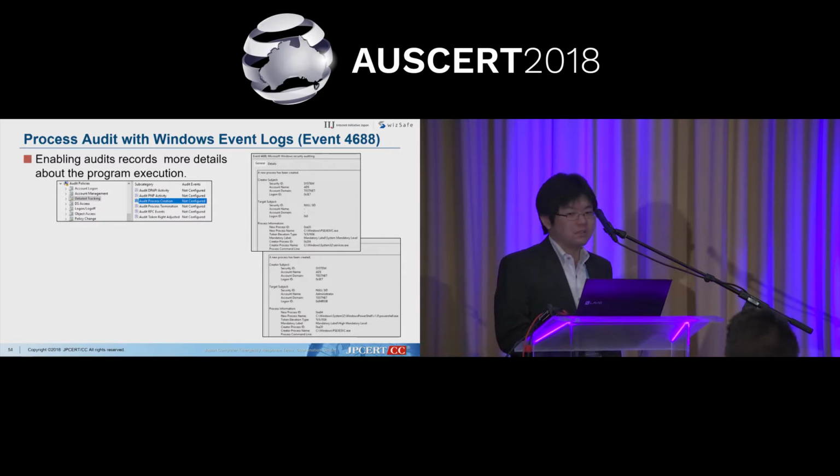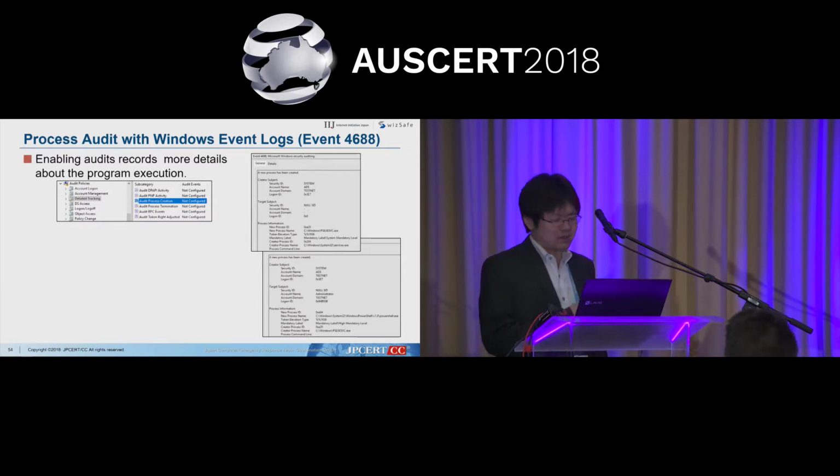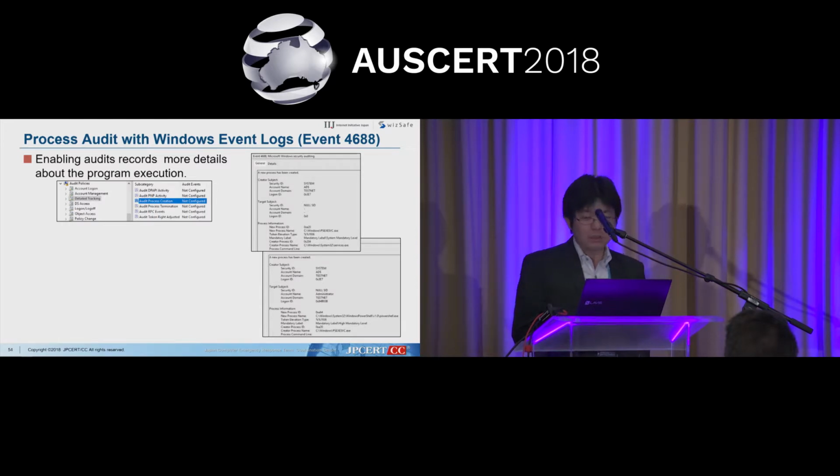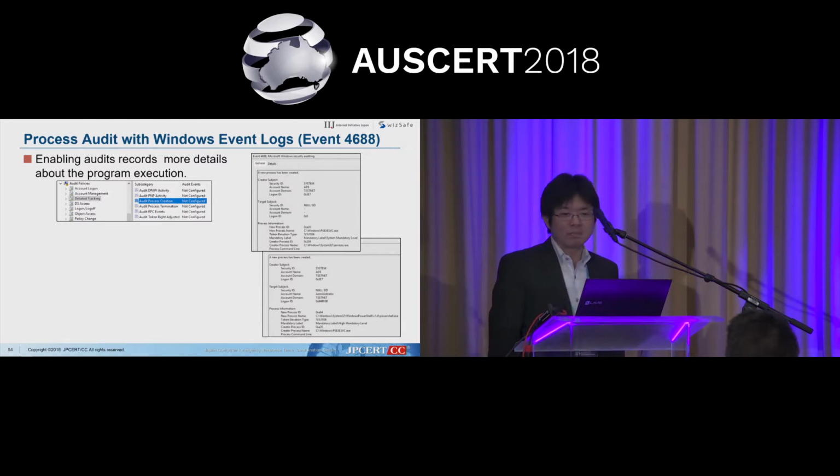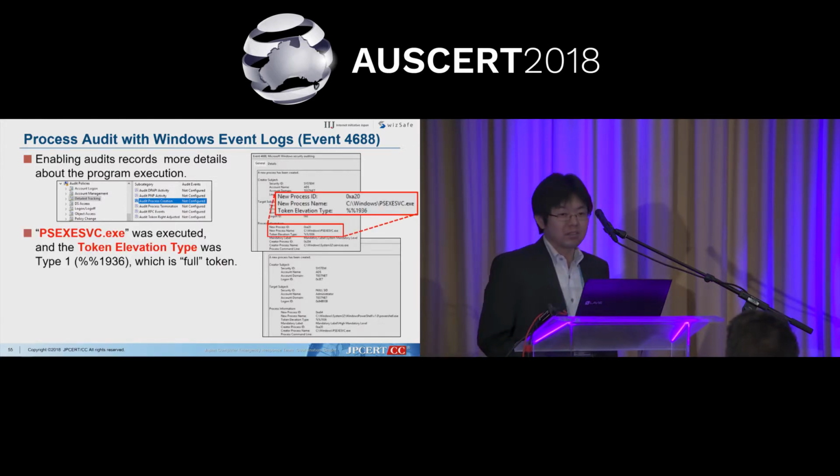If you decide to audit process creation in the auditing policies, what you can see for PsExec being executed is PSEXESVC.exe being executed, and the token elevation type was Type 1, or %%1936.